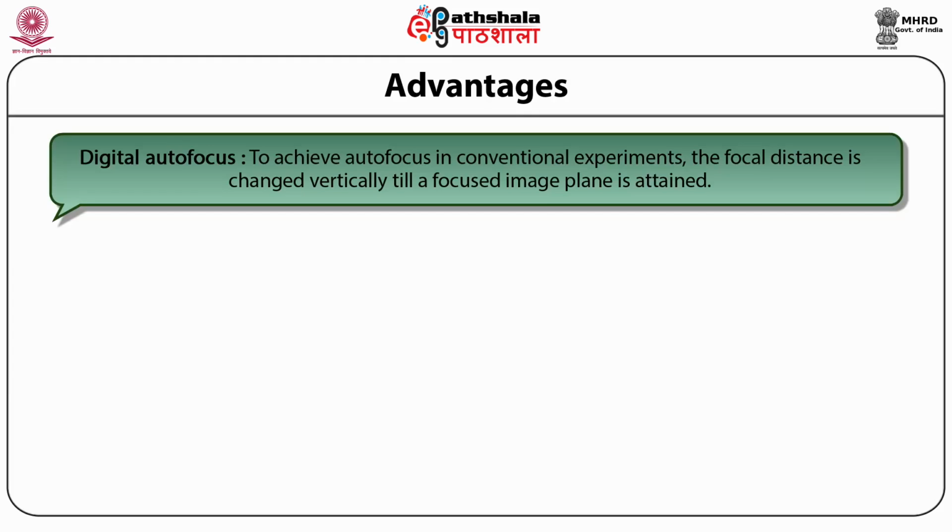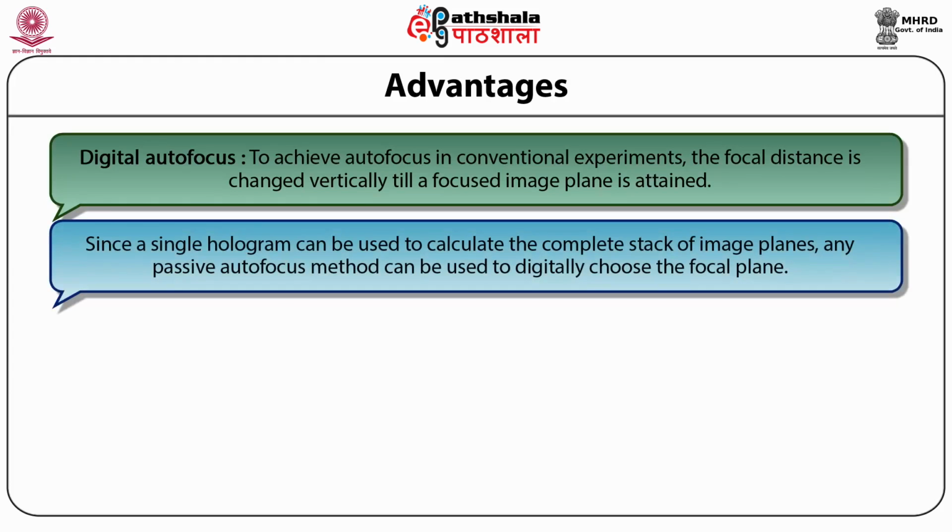To achieve autofocus in conventional experiments, the focal distance is changed vertically till a focused image plane is attained. Since a single hologram can be used to calculate the complete stack of image planes, any passive autofocus method can be used to digitally choose the focal plane.